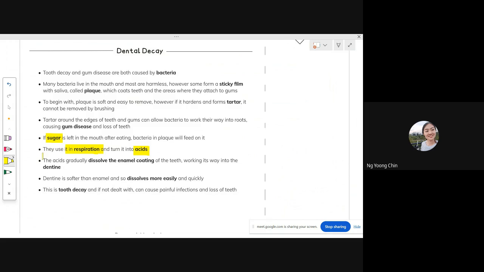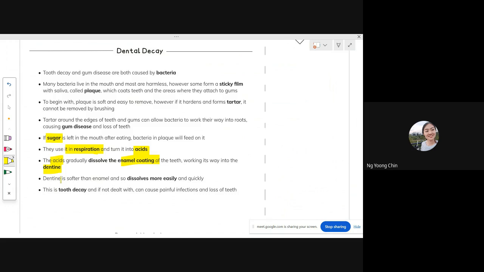So this acid will dissolve the enamel coating of the teeth. Because initially the tooth coating is very hard, right? So it will be slowly dissolved by the acid. Okay, so from the enamel, it reaches the inner part, the dentine. And remember that enamel is always stronger and tougher compared to dentine. Dentine will be softer.